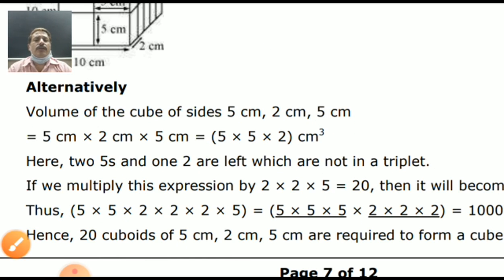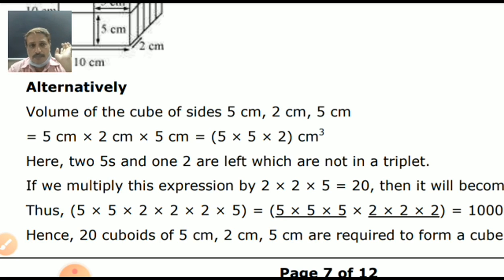Okay, alternatively you can find the volume of the cuboid: 5 into 2 into 5. 5 5s are 25, 25 into 2 is 50. 50 cm cube. Now, 2 5s and 1 2. What things are missing? 1 5 and 2 times 2. So you can multiply 5 into 5 into 5.